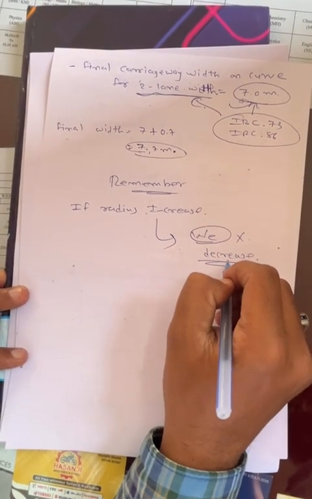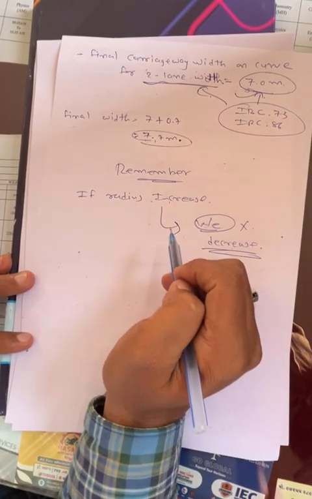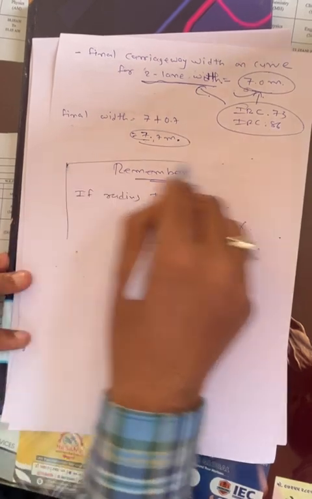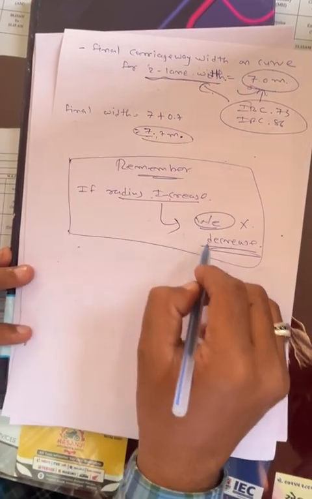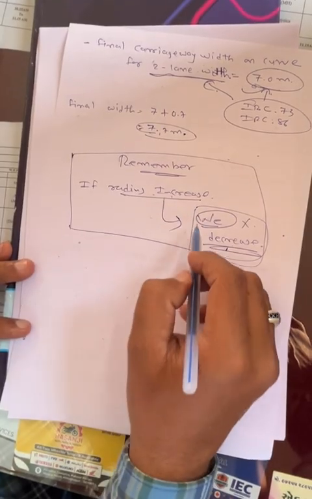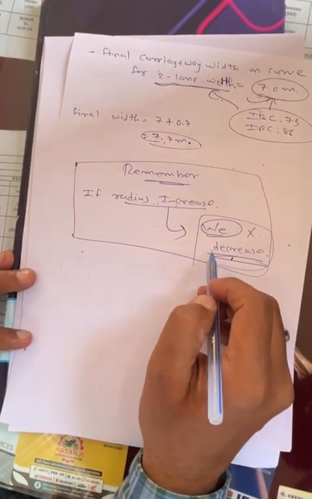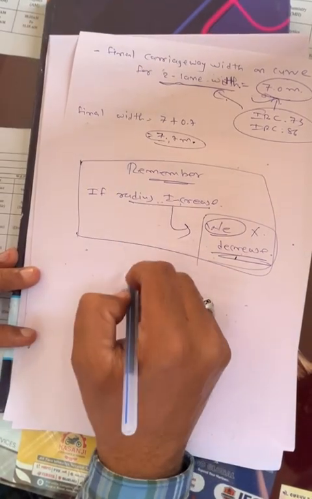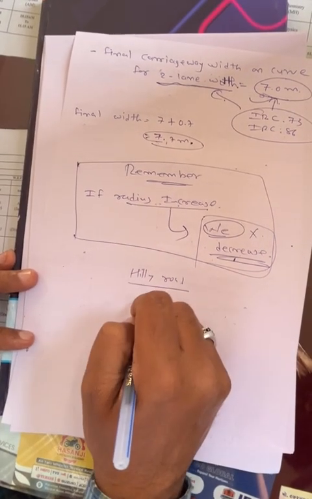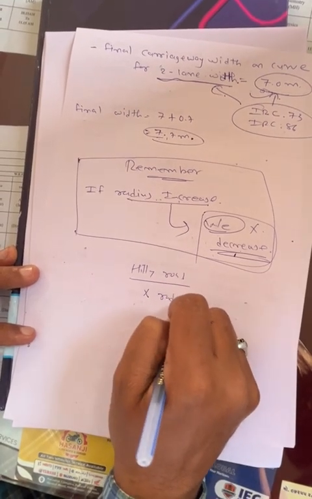Extra widening decreases with respect to radius increase, but we are not going so deep into it. So you have to remember this: our radius increases, our extra widening decreases. Why did I put this here? Because in our previous example of hilly road design, they had a condition that you don't have to change any criteria. You have to keep our radius fixed.